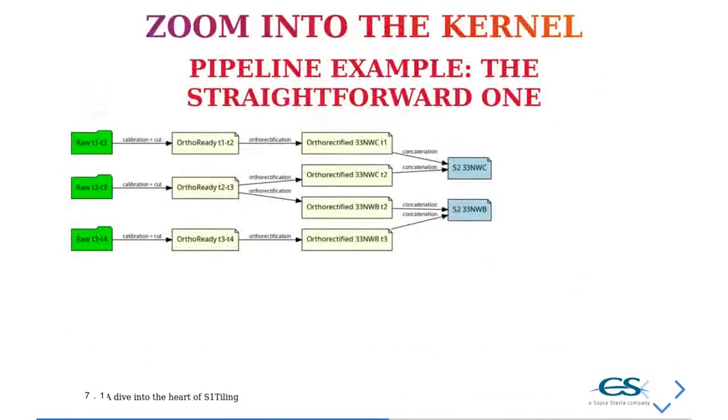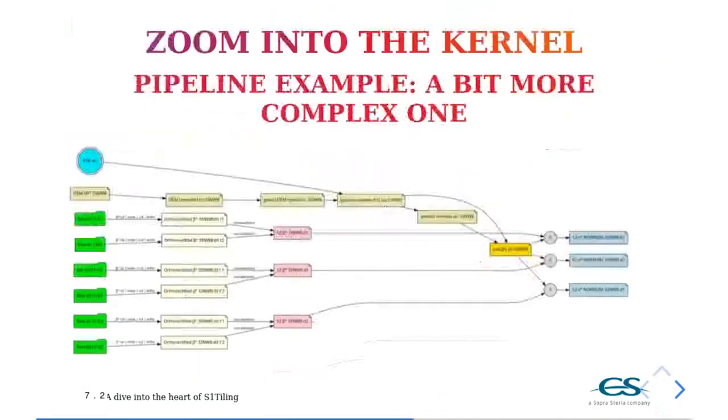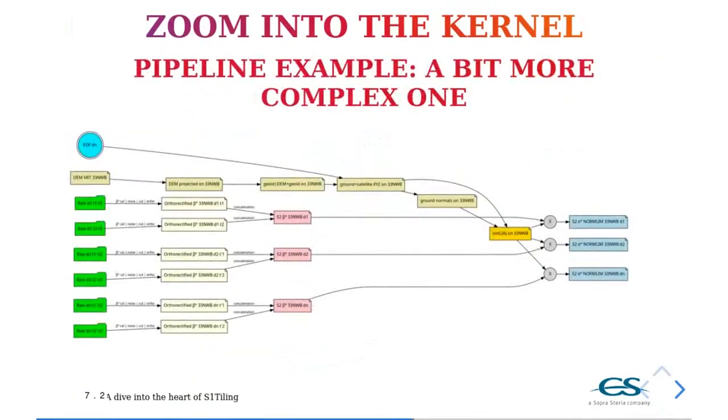Here we can see that for each processing, we have only one kind of source of input. For each processing, we have only one kind of consumer. In this new processing, it's not the same. First, we still have the Sentinel-1 products, but we have also other kinds of inputs. We have precise orbit files here in the blue circle.